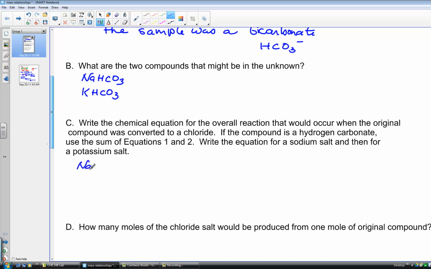So the sodium salt first. If indeed we started with sodium hydrogen carbonate and we heated it, it would force the decomposition to produce the carbonate salt, releasing water and carbon dioxide. 2 Nas, 2 Cs, and so forth. We balance that equation here.